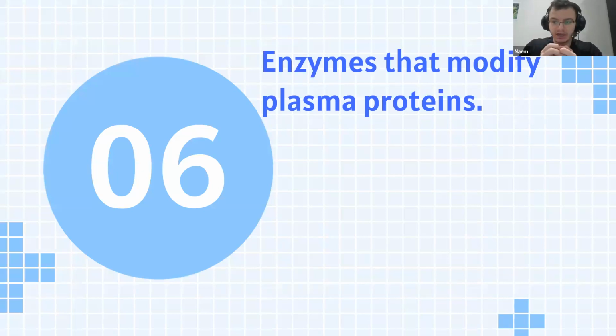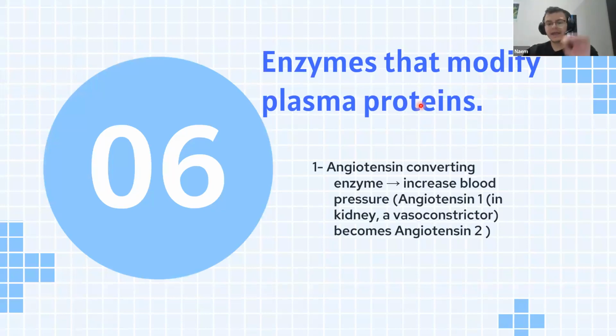When it reaches the lung, it will get activated. Now, they're telling you here that the endothelium produces enzymes that change these proteins from inactivated to activated. Let's give an example. Angiotensin converting enzyme. Before we talk about the enzyme itself, in the kidney, there's a hormone produced called angiotensin 1.